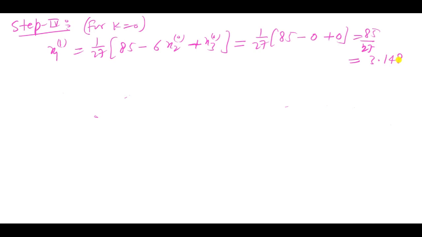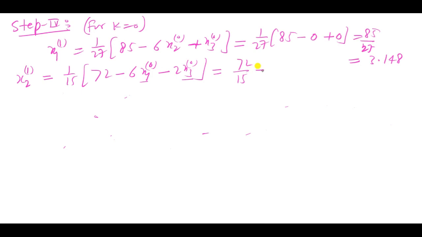Now put k is equal to 0 in equation 2, then we obtain x2^(1) is equal to 1 upon 15 times (72 minus 6 x1^(0) minus 2 x3^(0)), and x1^(0) and x3^(0) are given 0 initially. So this is 72 upon 15 and this value is 4.800, correct to 3 decimal places.